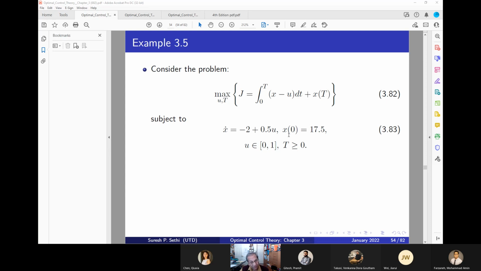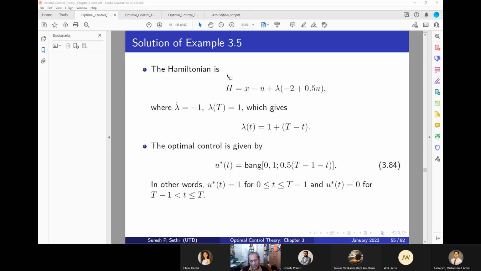So here we do not know exactly what the optimal t star is. We actually also don't know what the optimal control is here. By looking at this problem, I certainly cannot guess anything. So let's solve this problem.